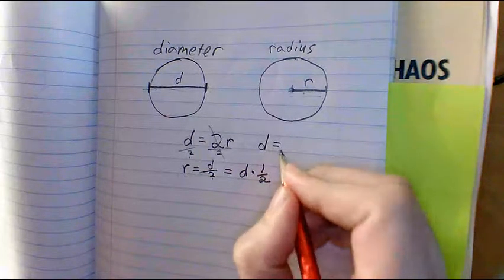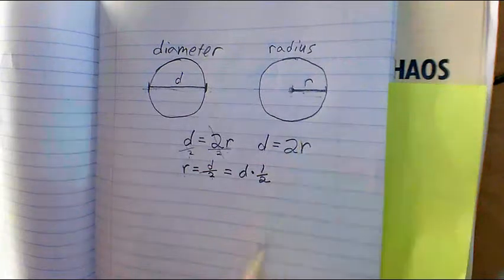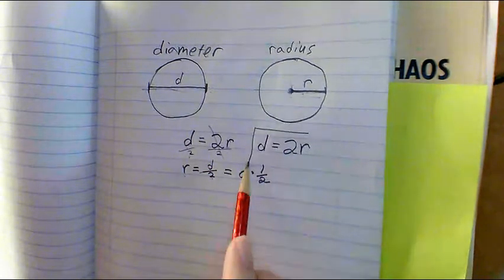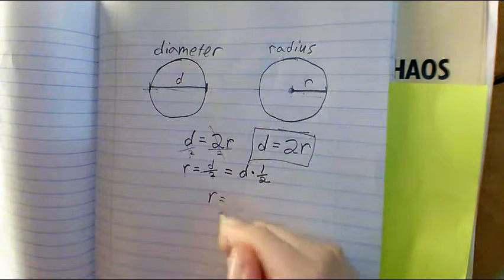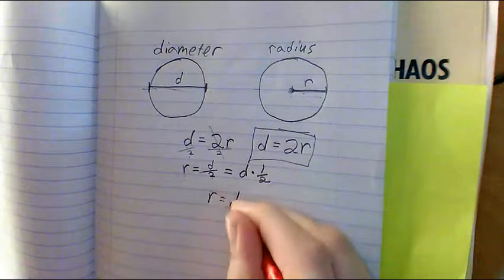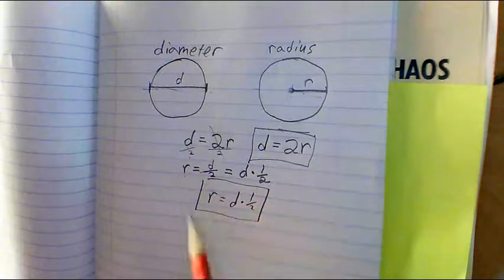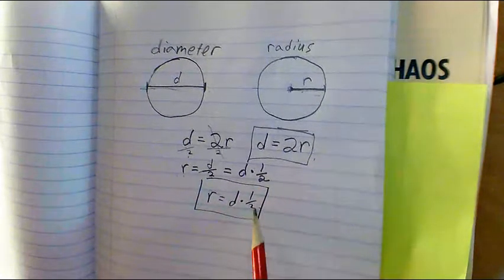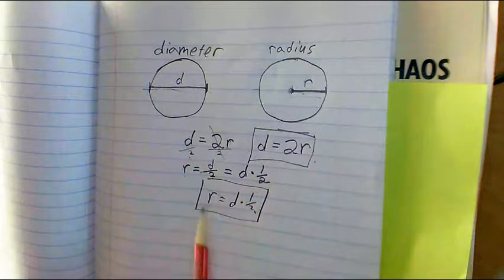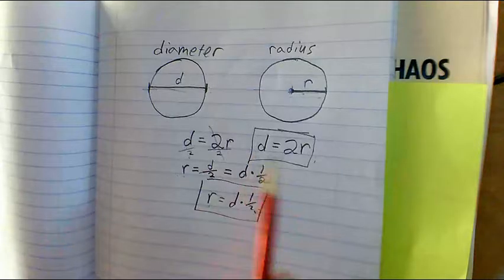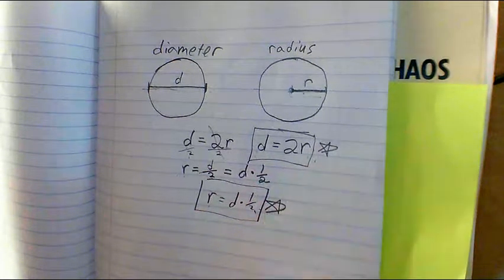We could also say diameter equals 2 times the radius. All right, so those are the two relationships. Let me rephrase this, r equals diameter times 1/2. So those are the two relationships, all right? We have diameter, we have radius. How do you go from one to the other? We'll just look at these guys right here, and they will tell you.